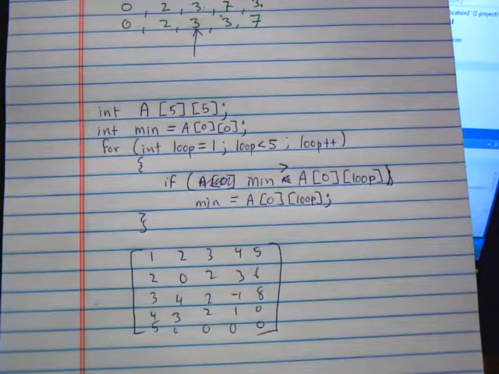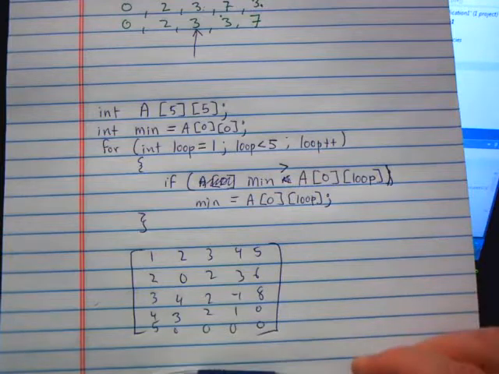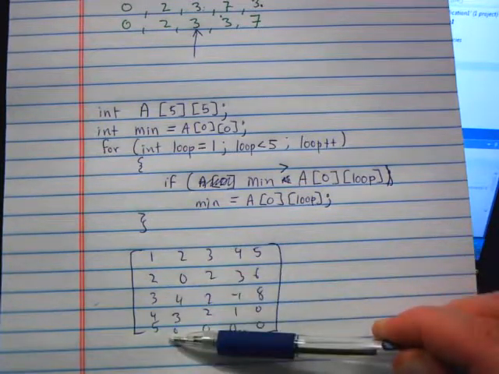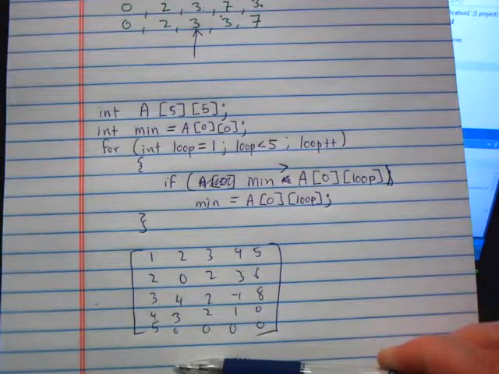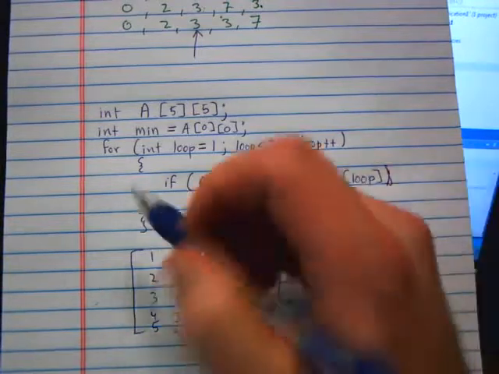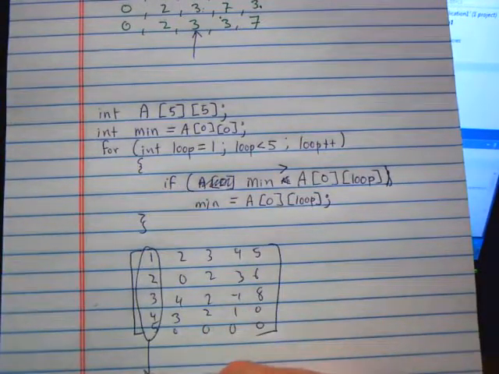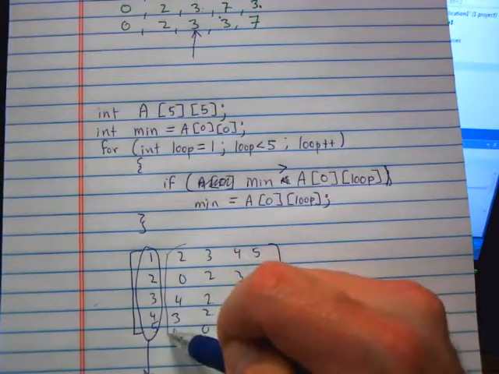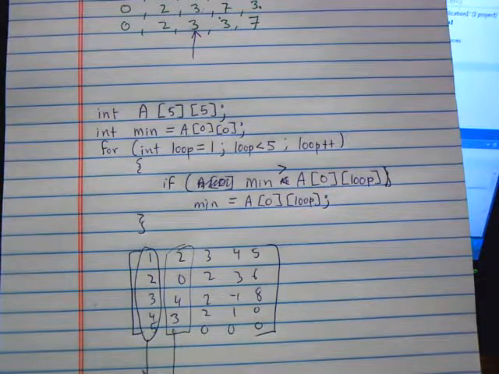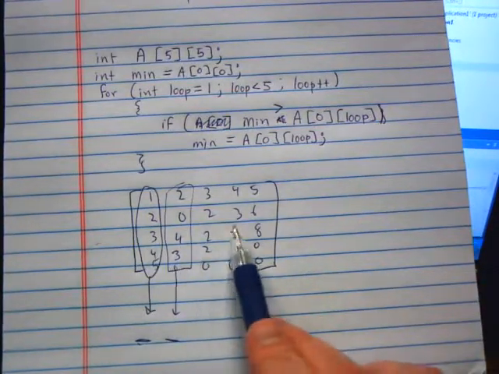I want you to add all the numbers in the first column and then store them into an array. Then add all the numbers in the second column and store that to a spot. All the numbers in the third column, so on and so forth. So we're going to add all of these and store them into a new one-dimensional array. And then we're going to take all of these numbers, store them into the second spot in a one-dimensional array. So on and so forth. So we'll have to do that 1, 2, 3, 4, 5 times.